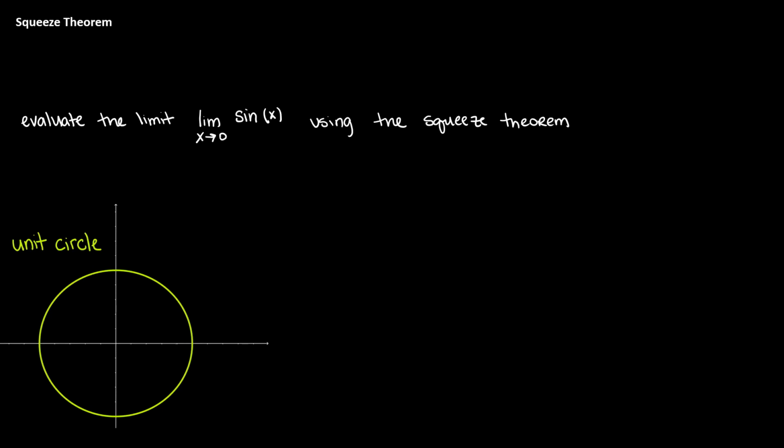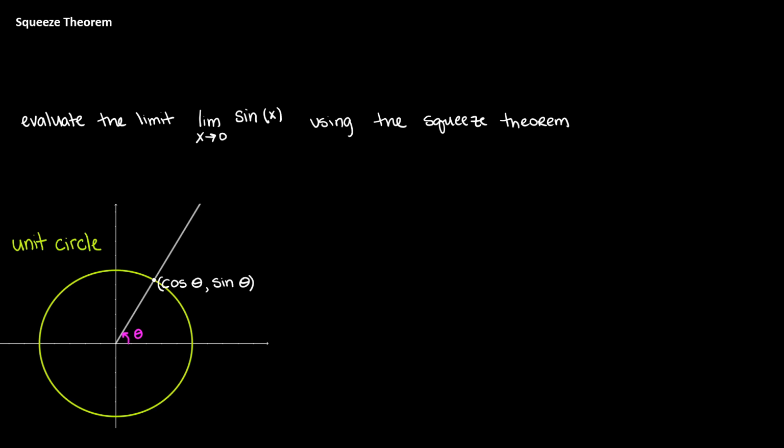Any point on this unit circle can be described as an ordered pair of cosine of the angle it takes to get there, sine of the angle it takes to get there. The angle is imagined as a ray that's rotating through the circle.